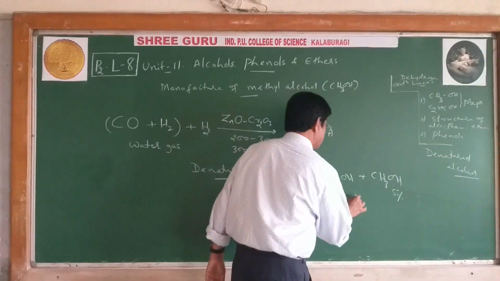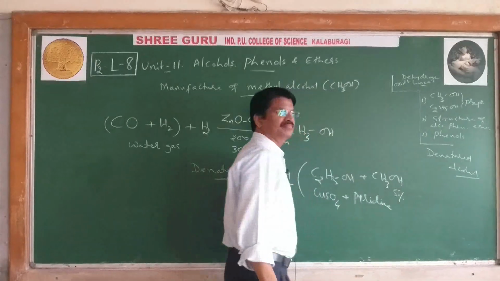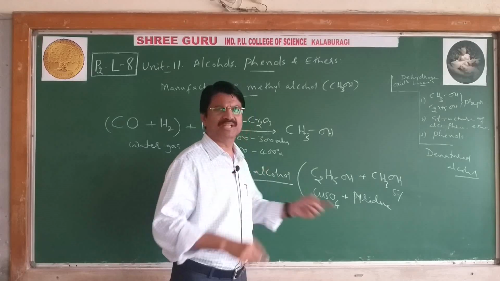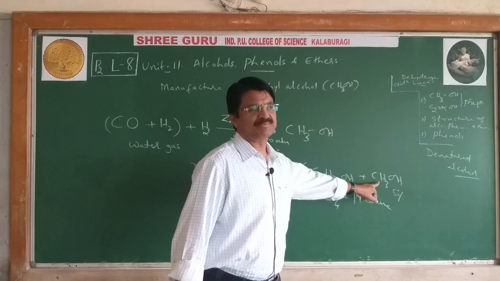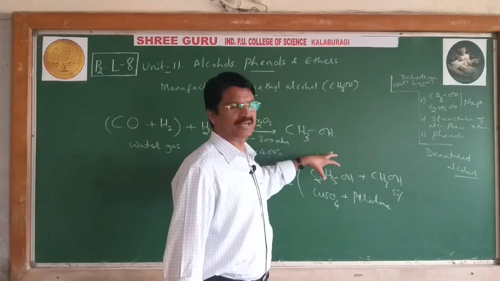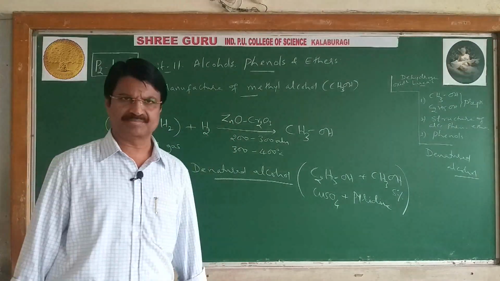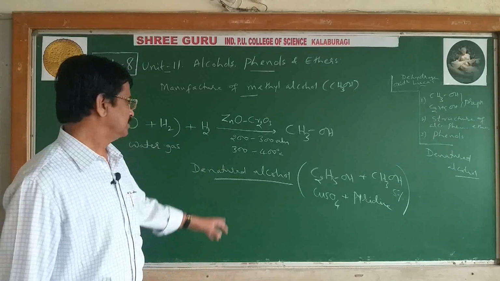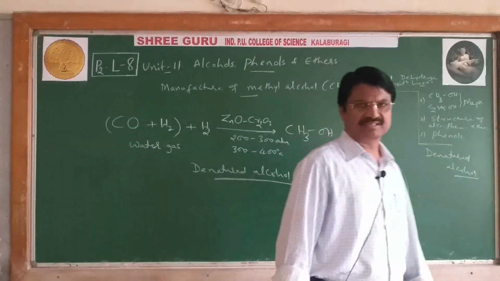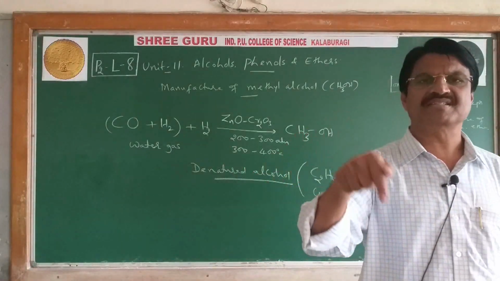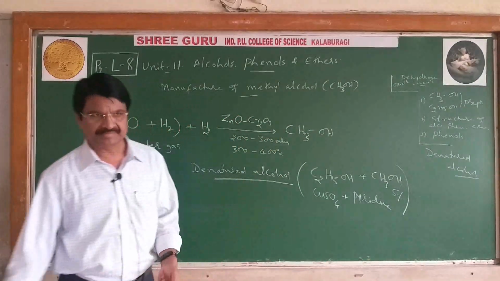Then pyridine, a bad smelling compound, is added. Copper sulfate, pyridine and 5% methanol are added to ethyl alcohol, and now we can say ethyl alcohol is made unfit for drinking by mixing all these three. Then it is called denatured alcohol, and it is also used as a commercial solvent in industries, especially in paints and varnishes.